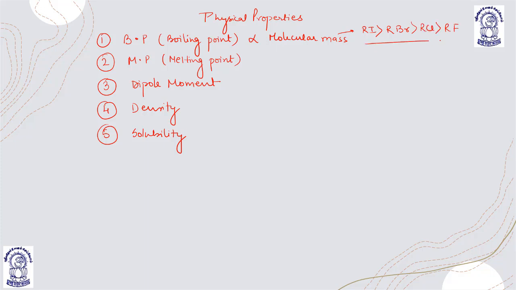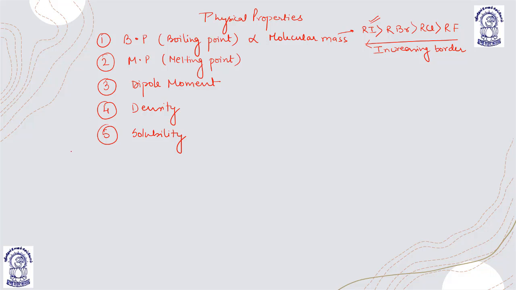And this is the increasing order of boiling point. As we all know, I is the biggest among all these halogen atoms. So the bigger atom exerts more van der Waals forces, and that is why the molecular mass increases, which in turn increases the boiling point.